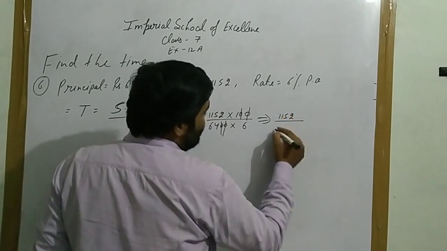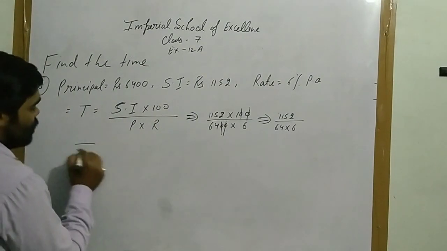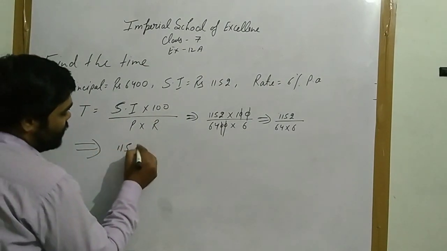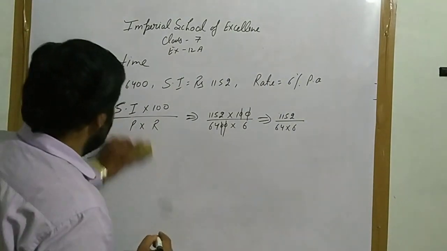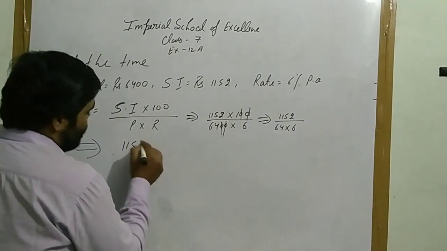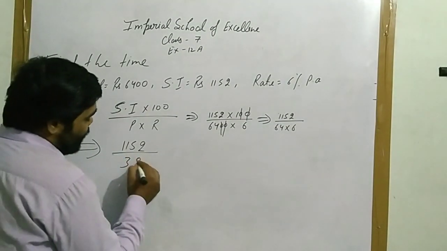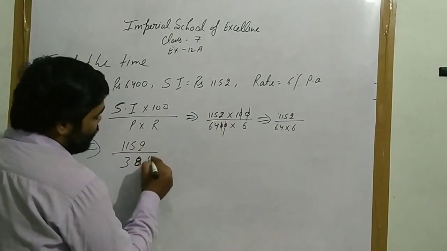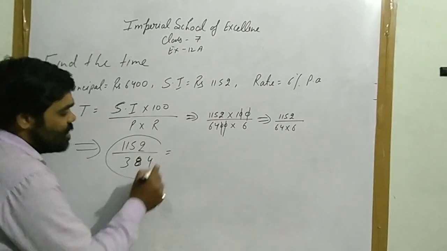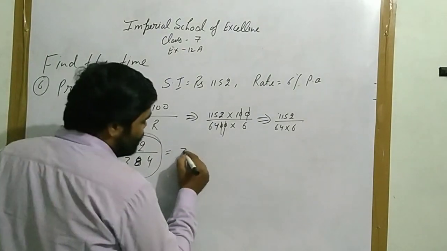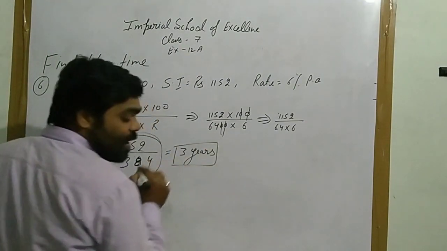When you multiply 64 into 6, it will be 384. When you solve this equation, your answer will be 3 years.